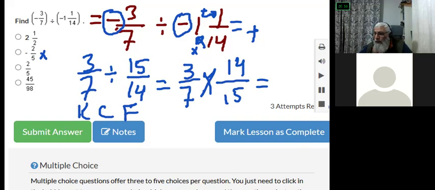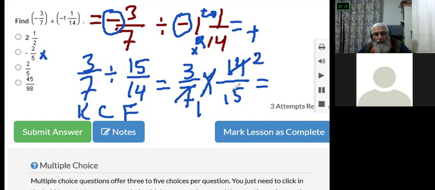Yes. 14 and 7, we divide by 7. 7 divided by 7 is 1, and 14 divided by 7 is 2.